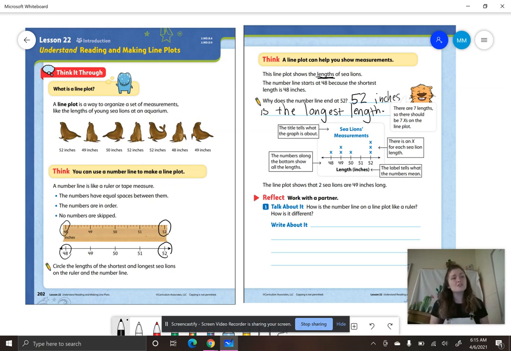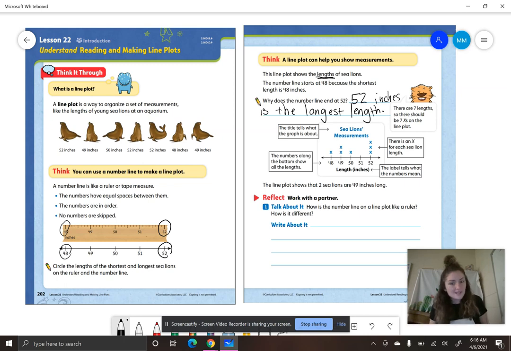A ruler is usually 12 inches long. Where does a ruler usually start? It starts at 0. So those are ways that they are different. How are they similar? On the line plot, the numbers have to go in order. On a ruler, the numbers also go in order.